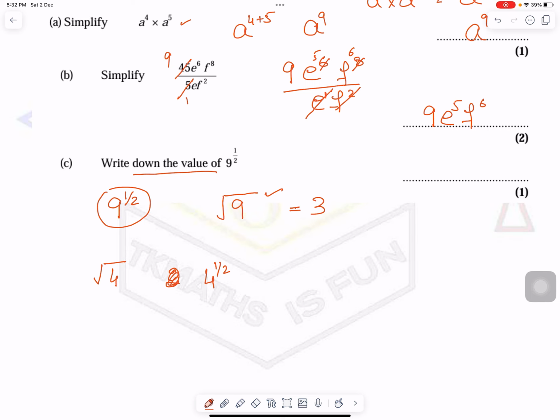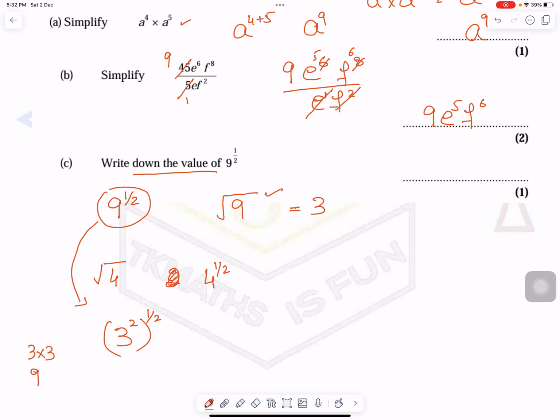Or in other words, if I want to see here, 3 square is 9. Agreed? 3 square means 3 times 3. So 3 square is 9 and power half is here. I'm just telling you different ways of solving it. You should be able to understand the question and should be able to apply it in any situation.